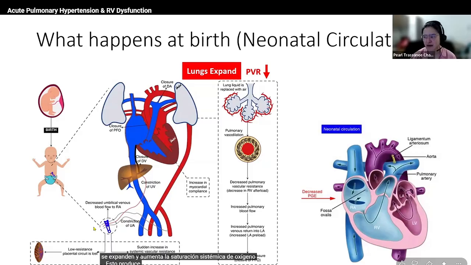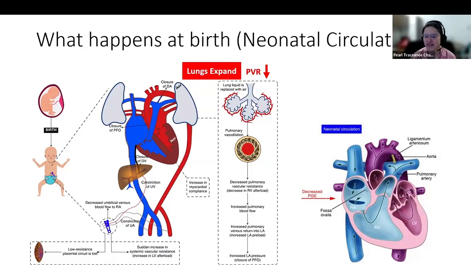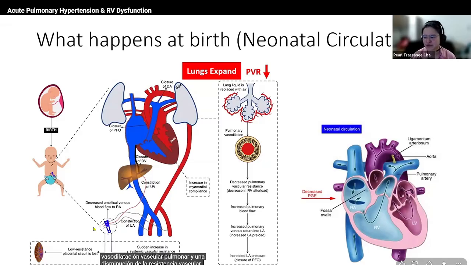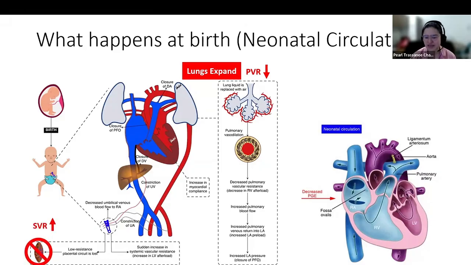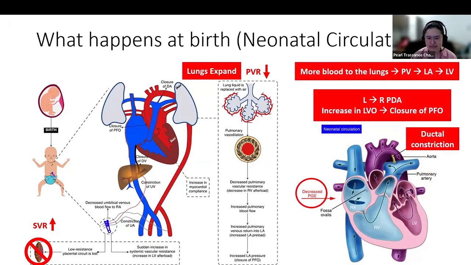This results in pulmonary vascular vasodilation and a drop in pulmonary vascular resistance. At the same time, systemic resistance rises with placental removal. These factors lead to a reversal of blood flow in the ductus arteriosus from right-to-left to left-to-right shunting, with a concomitant increase in left ventricular output.